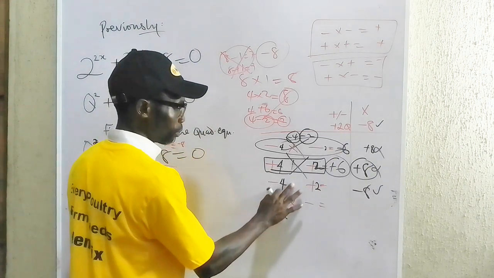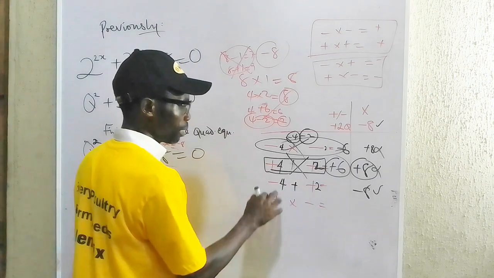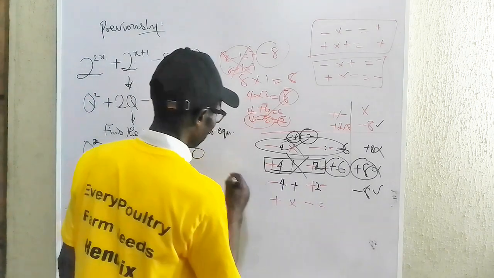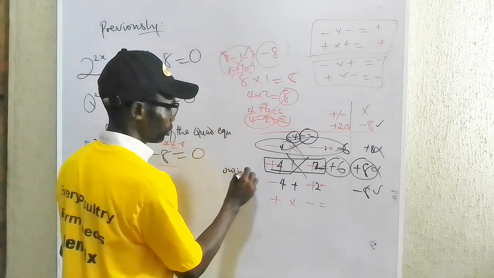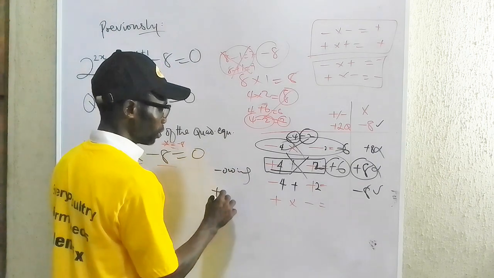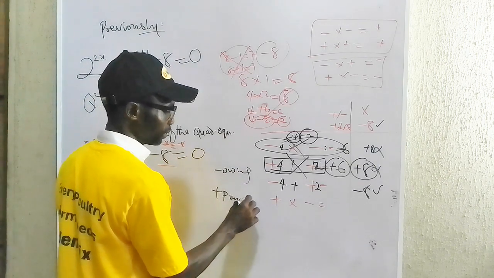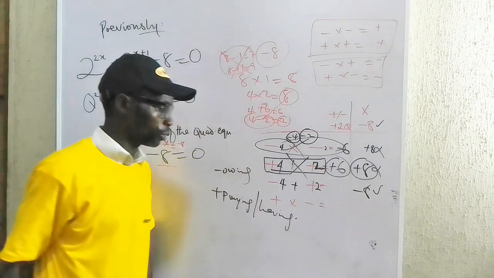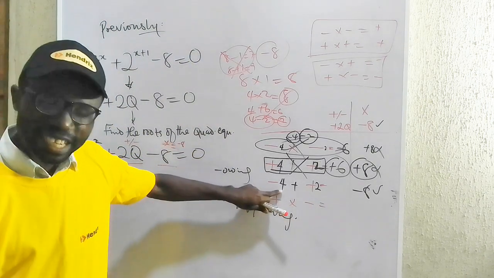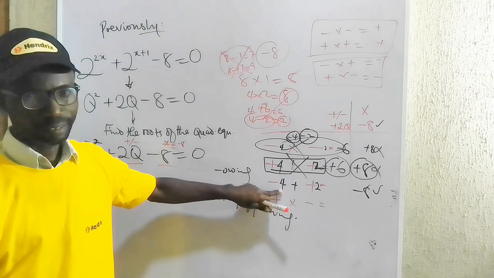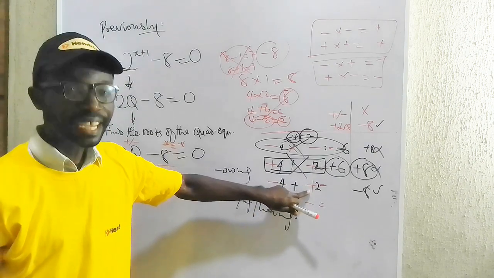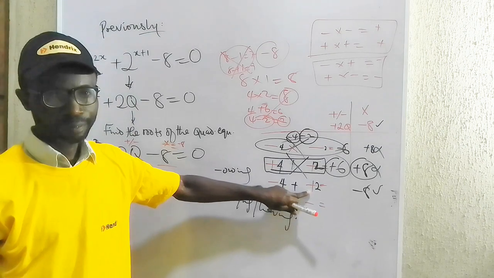Now let's turn this to plus. Minus 4 plus 2. Minus means what? Owing. And then plus means you're paying or you are having. Now, I'm owing $4 and I'm paying $2.